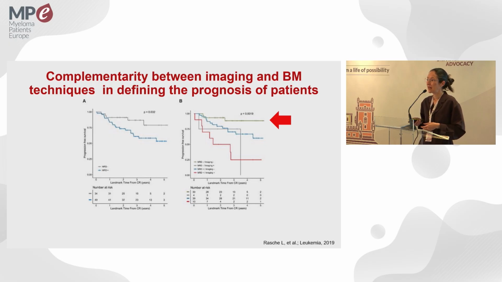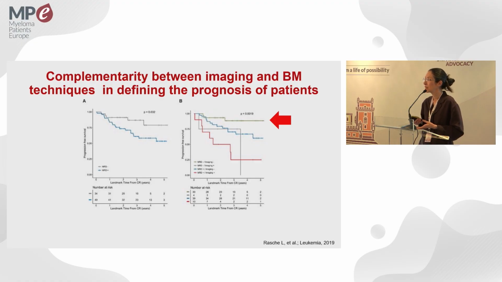I think we have to keep in mind that the achievement of MRD negativity in the marrow and outside the marrow using an imaging methodology defines the best situation for patients with myeloma.